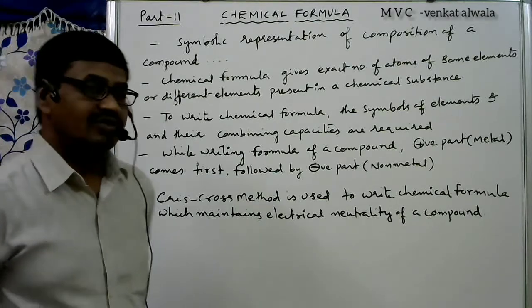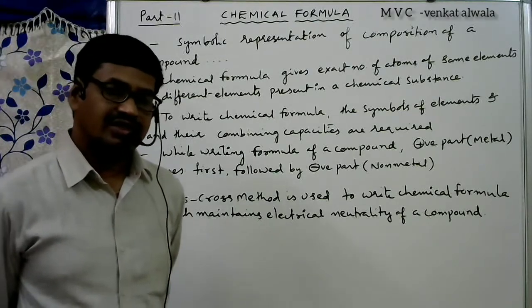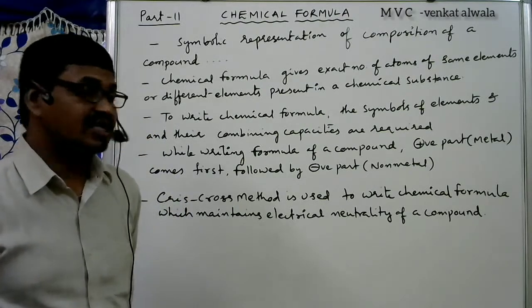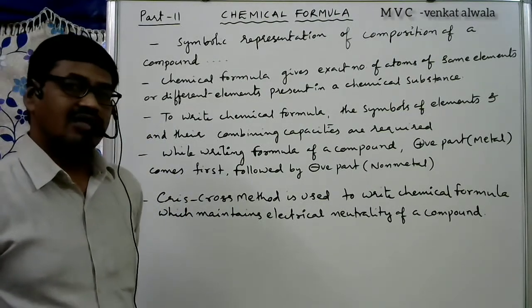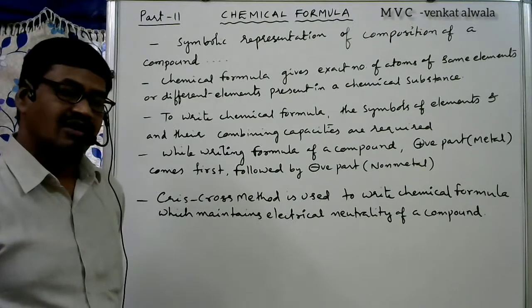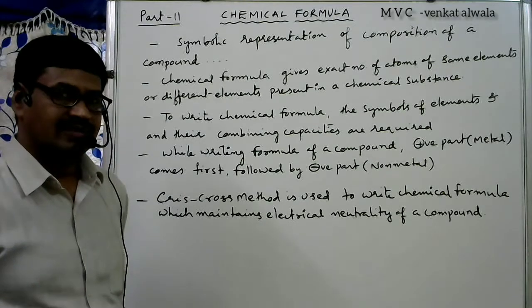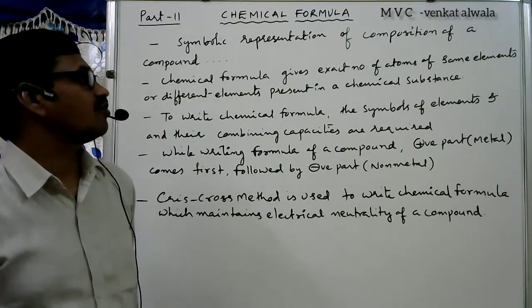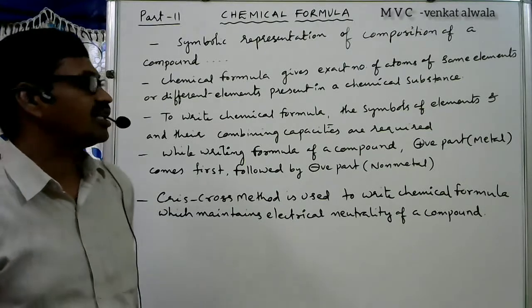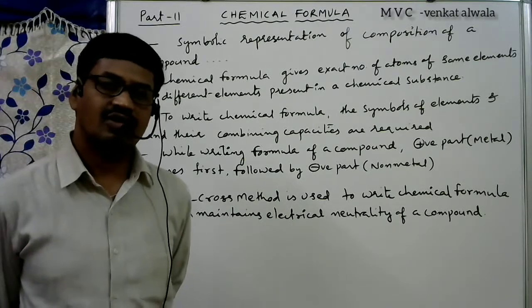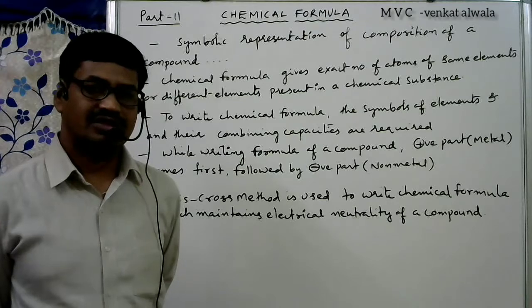And what does it give? A chemical formula gives the exact number of atoms of the same elements or different elements present in a chemical compound or chemical substance.